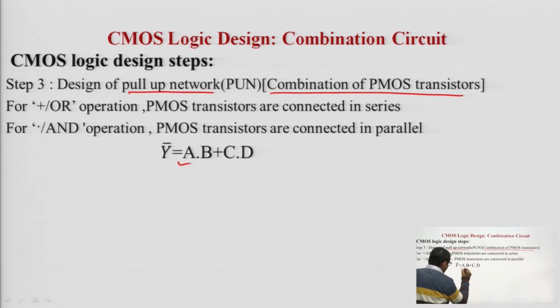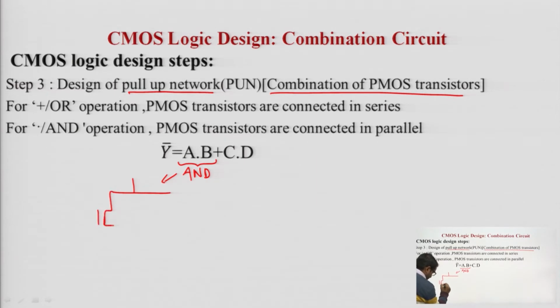So here A dot B is an AND operation. For this one, they are connected in parallel manner. This is the symbol of PMOS. A and B are connected in parallel.